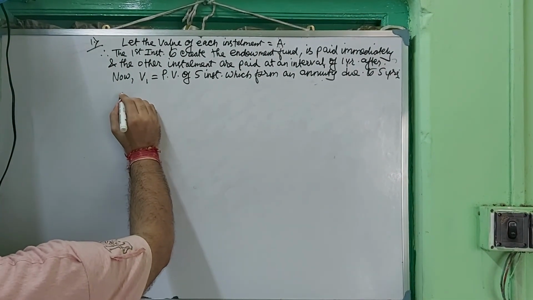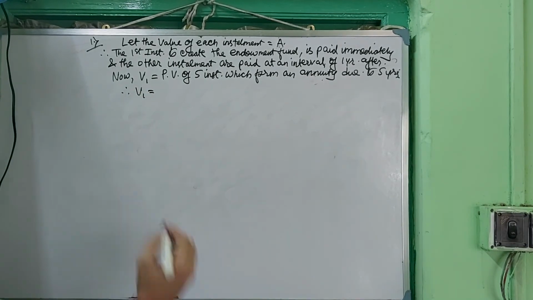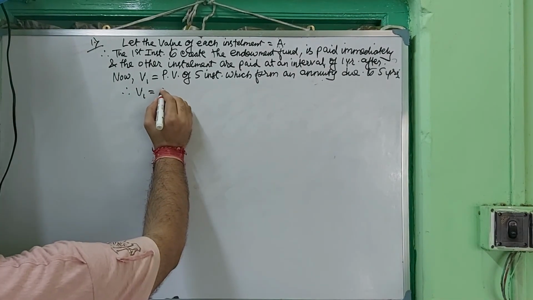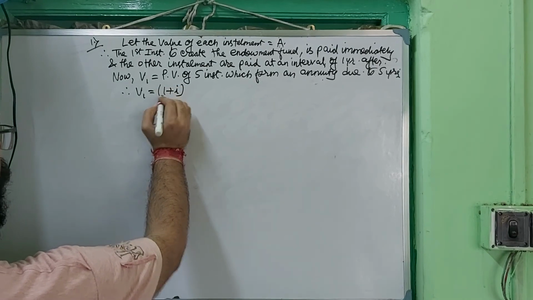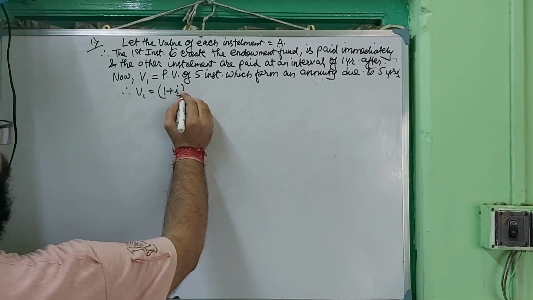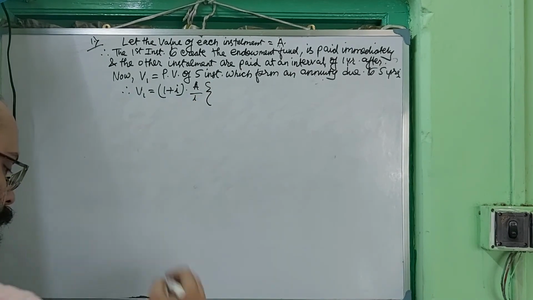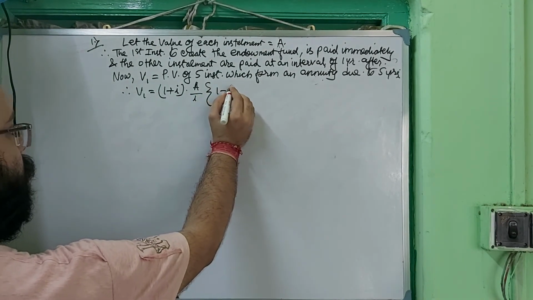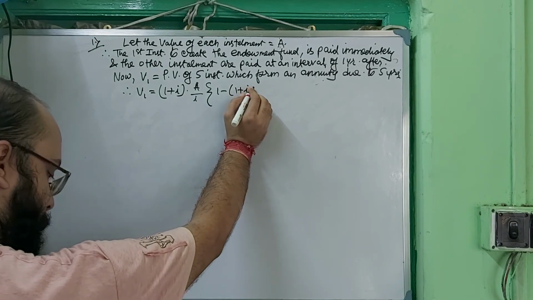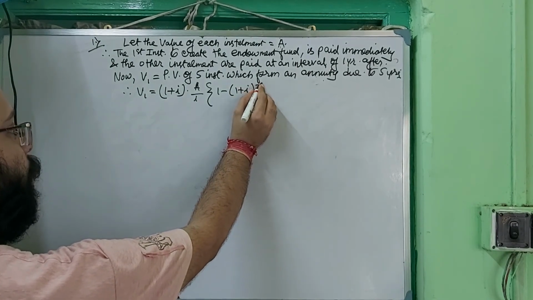Then therefore V1 is equal to, interest due means you have to pay the interest first, 1 plus I into A by I into 1 minus 1 plus I whole to the power minus n.